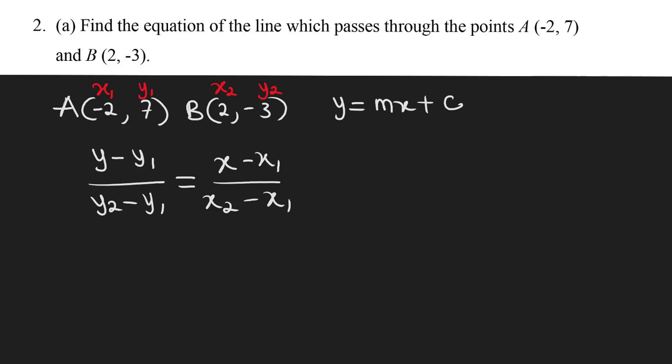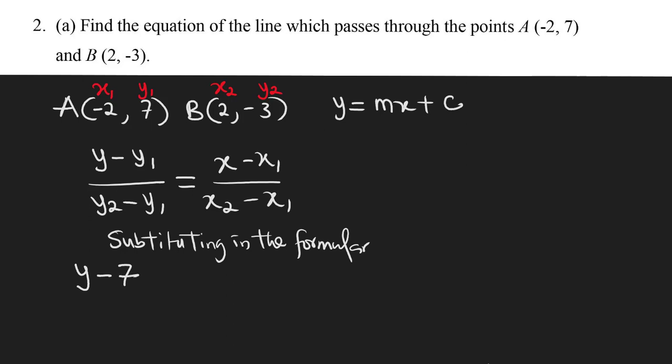So now let's substitute in this equation, since we already have our x1, y1, x2 and y2. So let's give it a try. Now substituting, we're going to have y minus y1. What is our y1? Our y1 is 7. So y minus 7 over, what is our y2? Our y2 is minus 3, right?